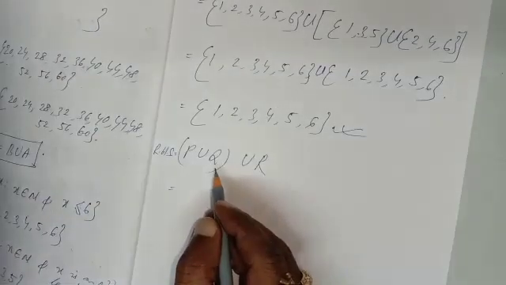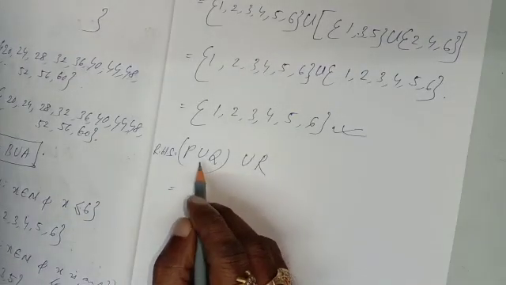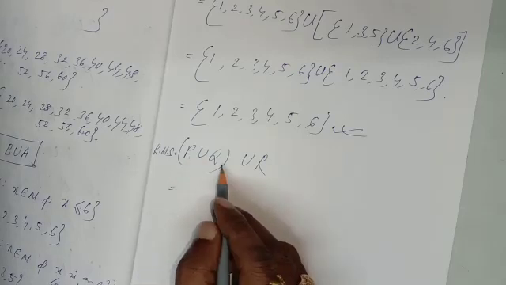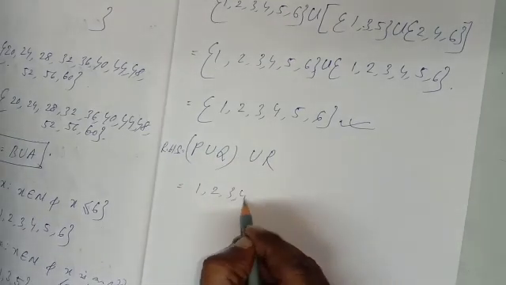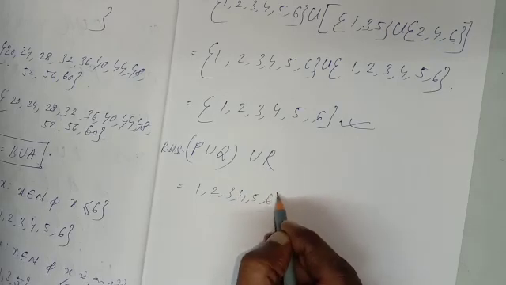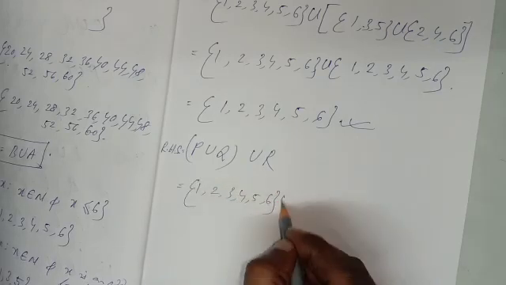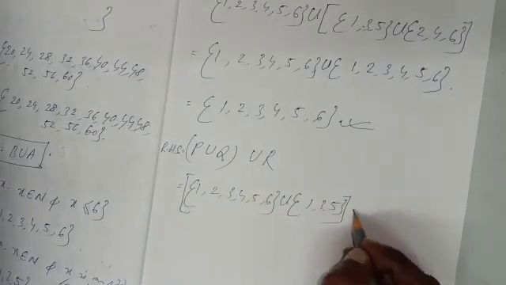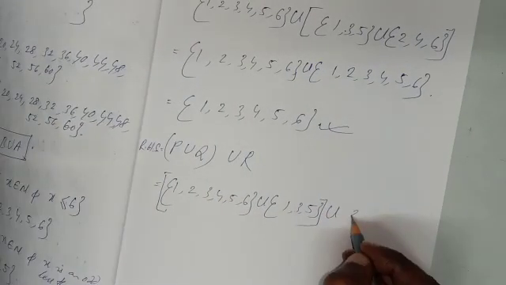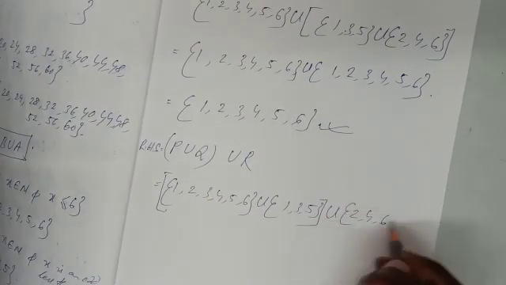Same process you have to solve. So what are the elements present in P union Q? The P set is 1, 2, 3, 4, 5, 6, union Q. Q set has only 3 elements, that is 1, 3, 5, right, union R set, that is 2, 4, 6.